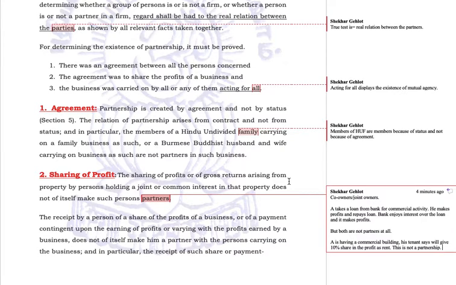Will that become a partnership? No, this is not a partnership. Why? Because there is an agreement here. They both have entered into an agreement to share profit. Profit they are sharing, but there is no mutual agency.